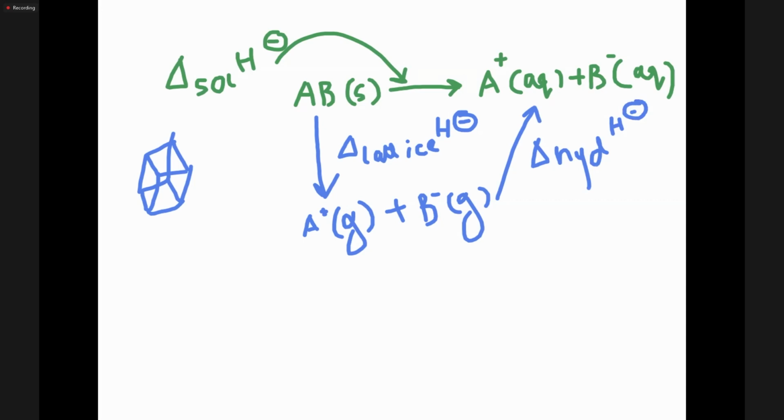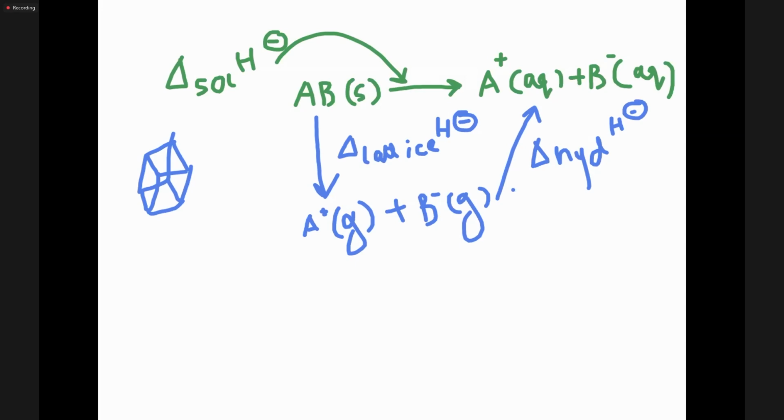So diagrammatically, for an ionic compound, the enthalpy of solution of AB, that is delta solution H in water, is determined by the algebraic sum of the lattice enthalpy and the delta hydration H. By either path we go, since enthalpy change is a state function, it does not depend on the path that we choose.